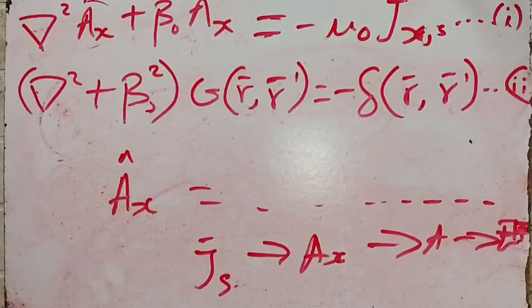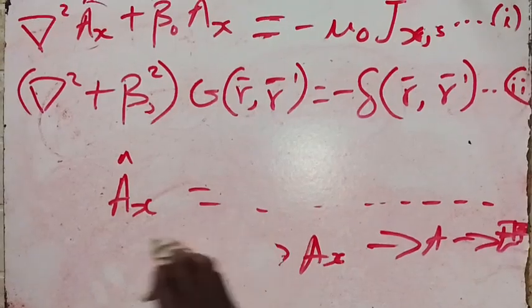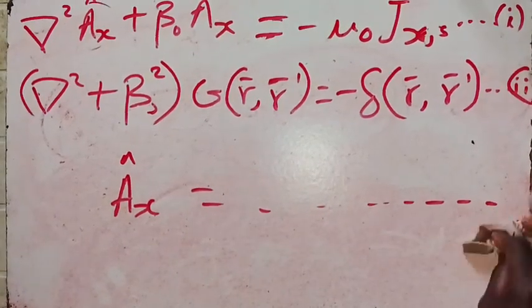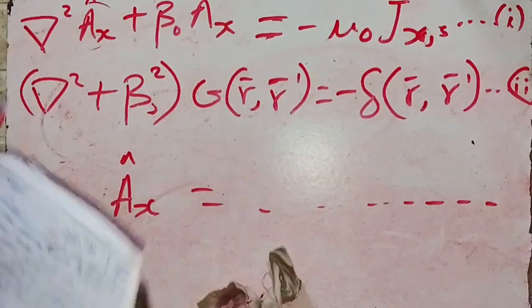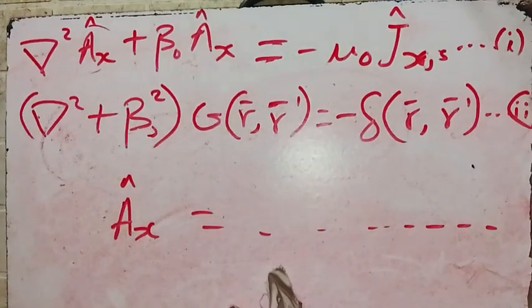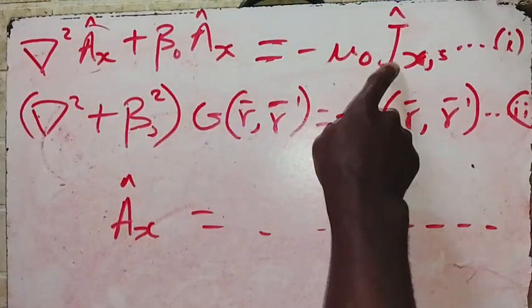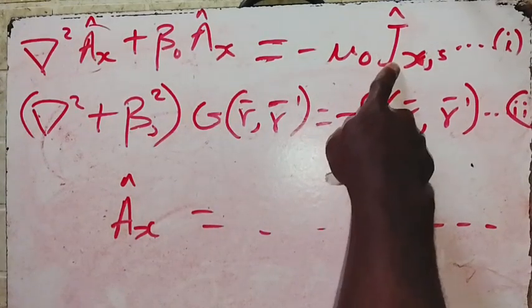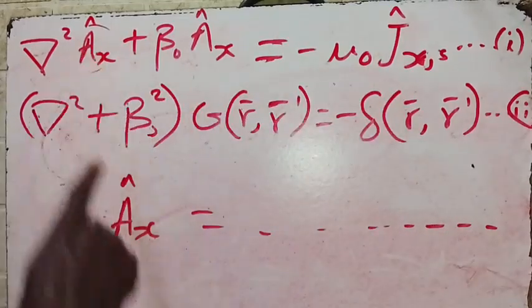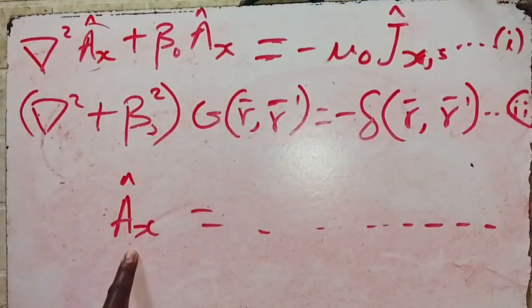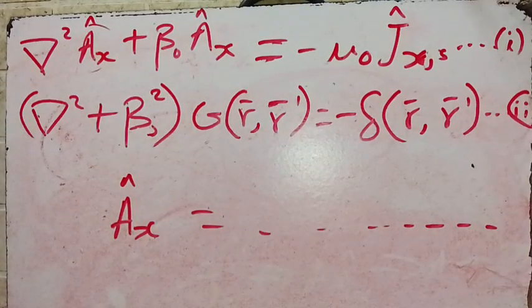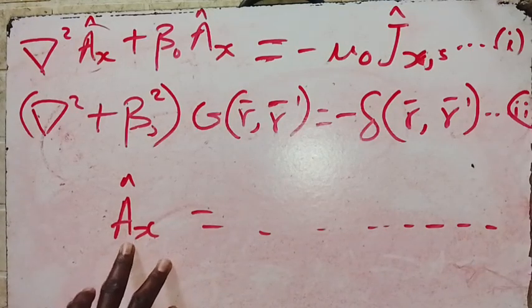Okay, now we have assumed, according to what we have in our notes, that we know the source current. Now how do we achieve the magnetic vector potential for any of the components, which is the x component, y component, or whichever component? How do we achieve that?